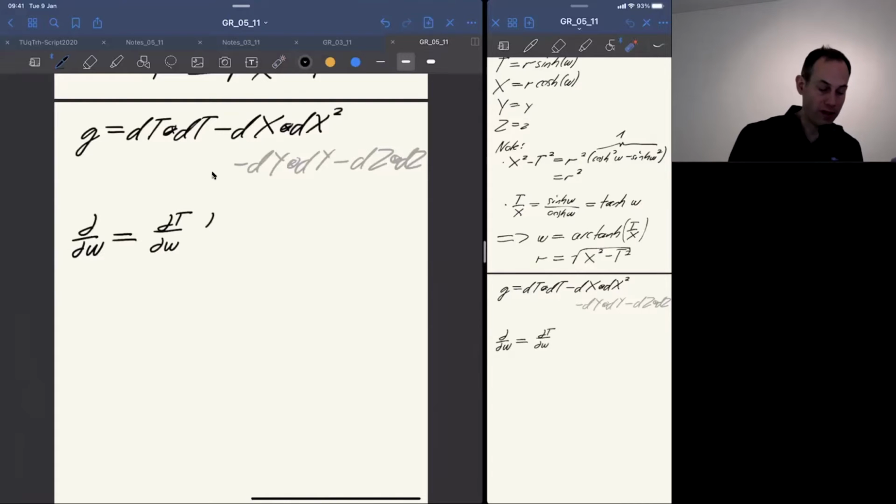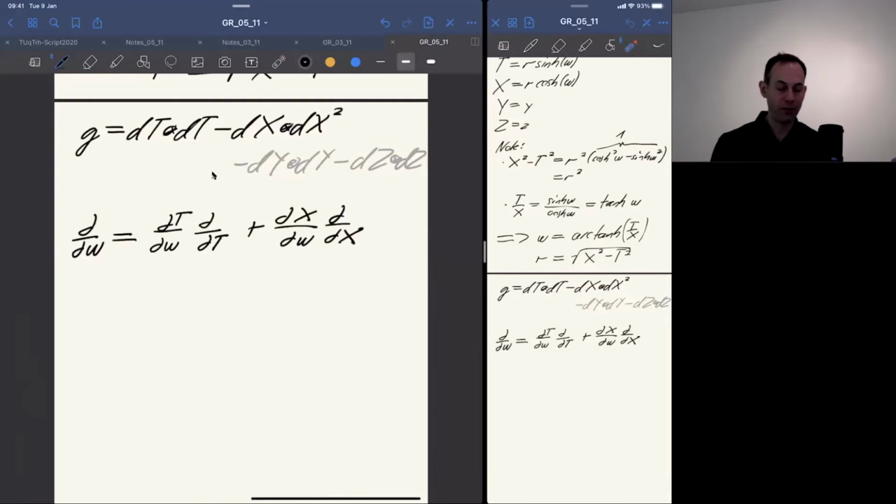So we do a coordinate transformation, and the coordinate transformation in this particular case looks like this, as you can easily verify. You should now be familiar with coordinate transformations. These are the only relevant terms because t and x only depend on omega, and not on y, so the y's are always unimportant.